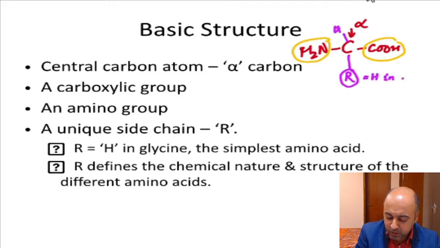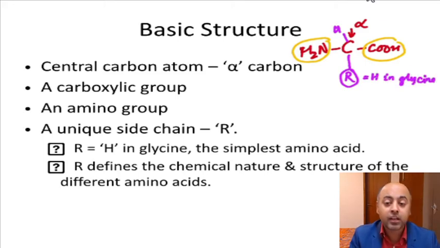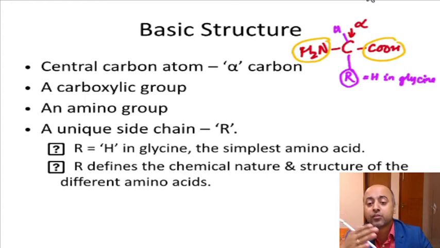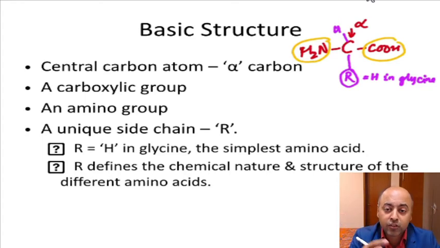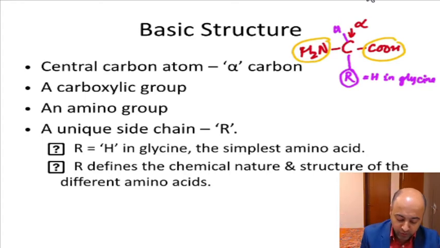The simplest amino acid is glycine. So in glycine, this R will be equal to H. In others, the R will be different. So it is the R which is going to vary in the different amino acids.